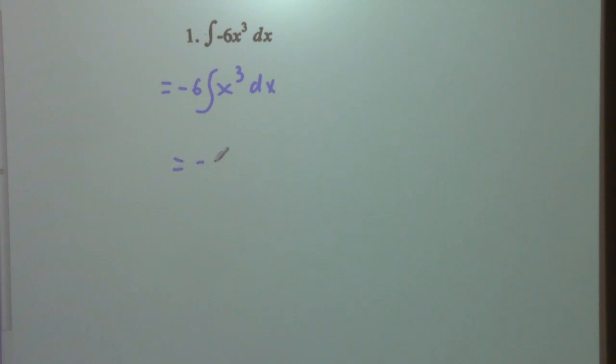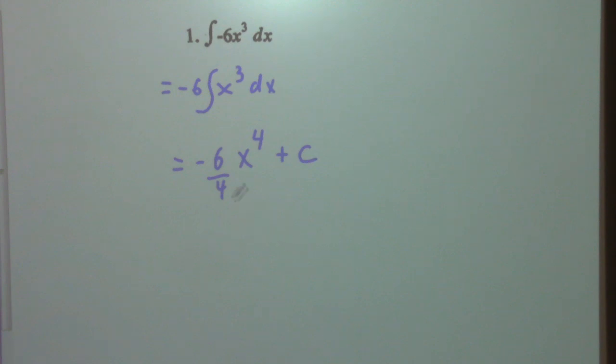Our answer is going to be -6, and we take this x and bump up: we raise it to a higher power, and we divide by that same power we raised to. Then we have plus our constant of integration c.